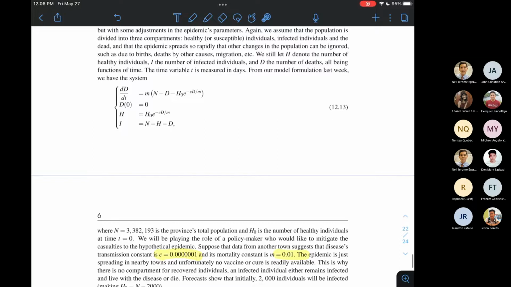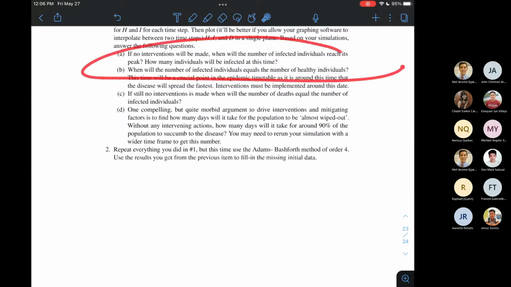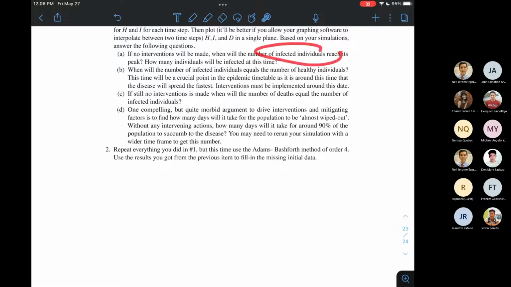Tapos ang gusto kong tingnan ay kung ano yung mangyayari kapag walang intervention. Halimbawa, ilang days before mag-peak yung number of infected individuals. Alright? Tapos gaano karami yung infected at that time. Tapos kailan magiging equal yung number of healthy at number of infected individuals.